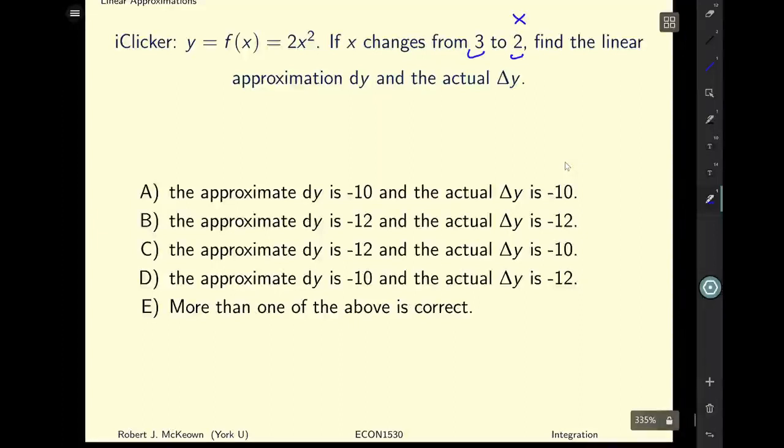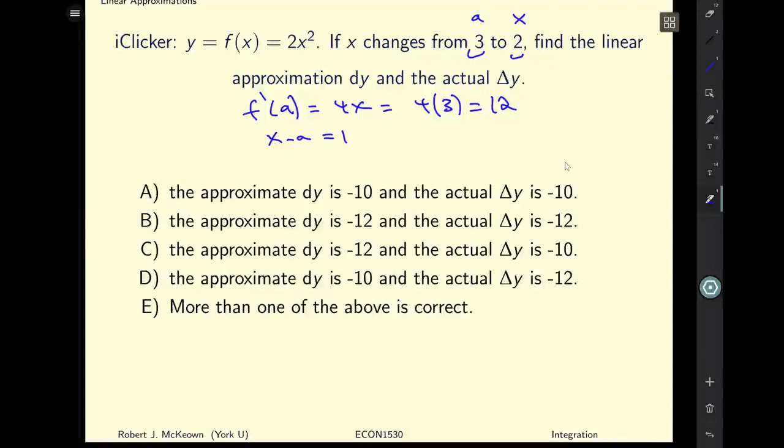So that's going to be our x value, that's going to be our a value. We know that f prime of a is going to be equal to 4x, which is equal to 4 times 3, which equals 12. And x minus a is going to be equal to 1.